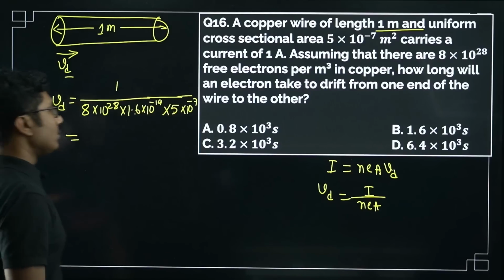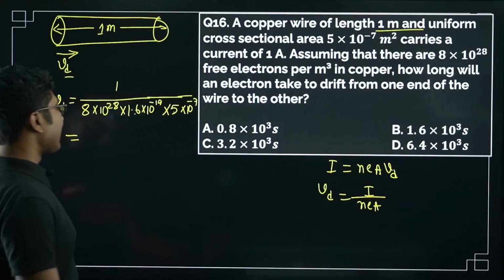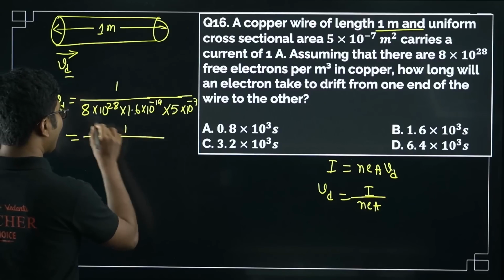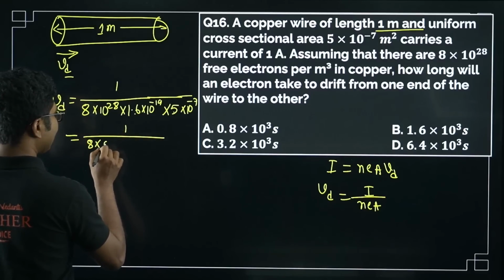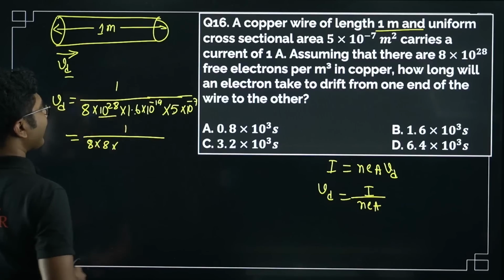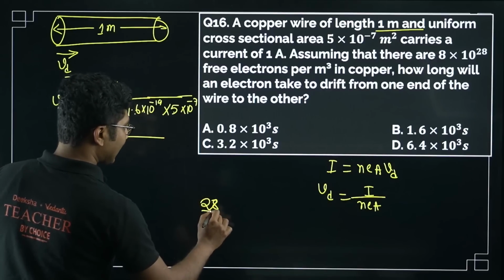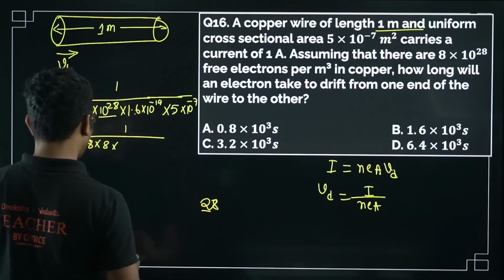5 into 1.6 is 8, so that is also a whole number. So we get 1 by 8 into 8 into 10 to the power of 28, then we have minus 19 and minus 7.